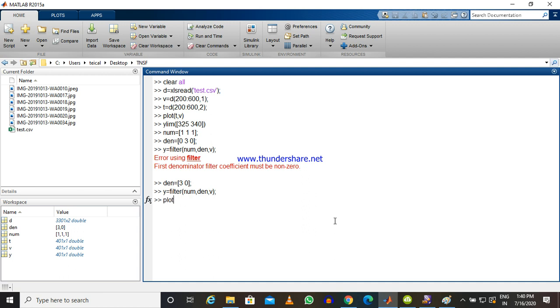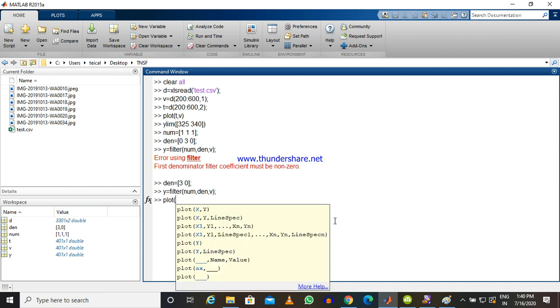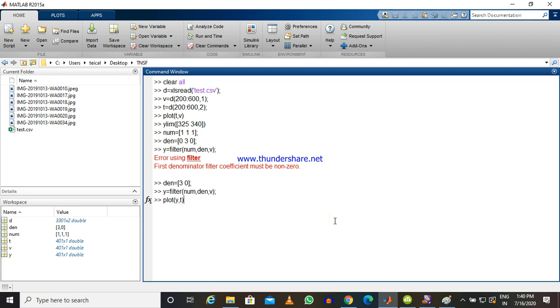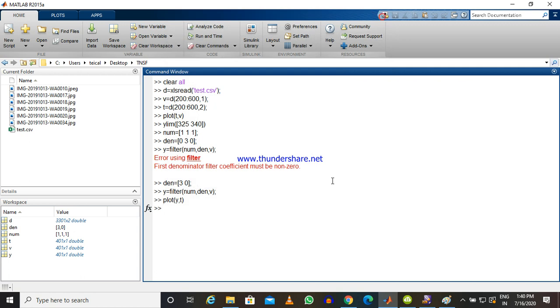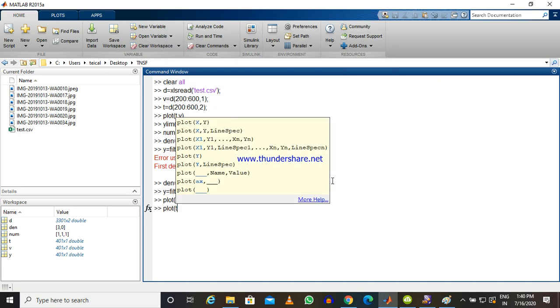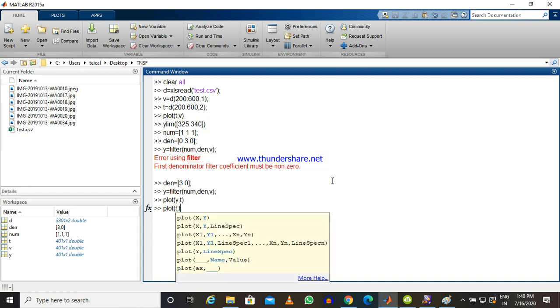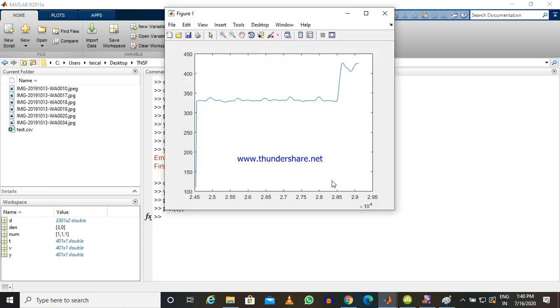Now if I plot, let us plot this y comma t. Let us see how it is. Sorry, it got reversed. So plot t comma y. So again I will change that.